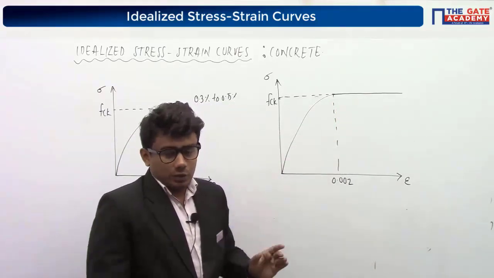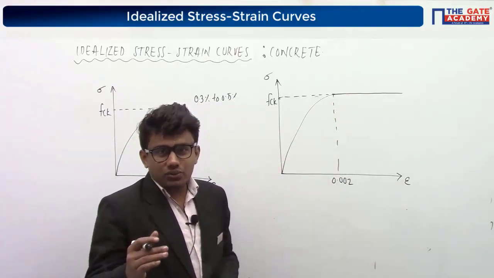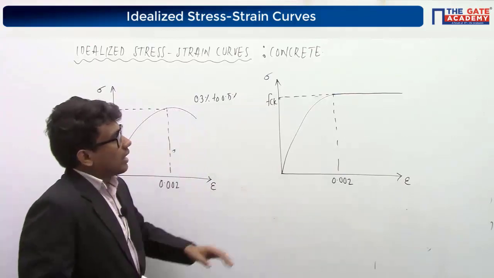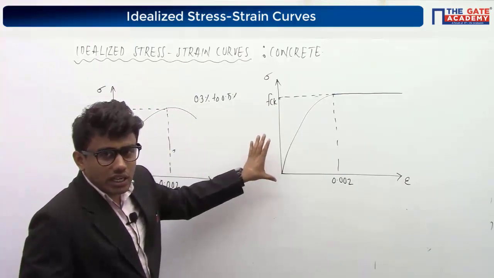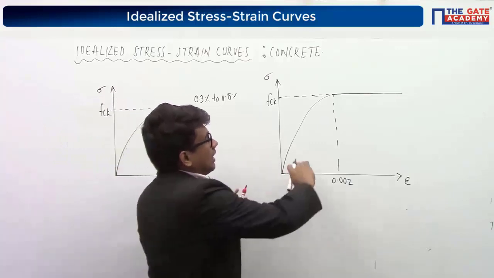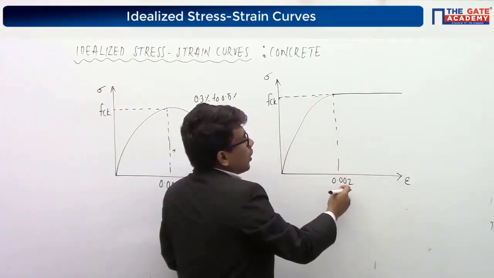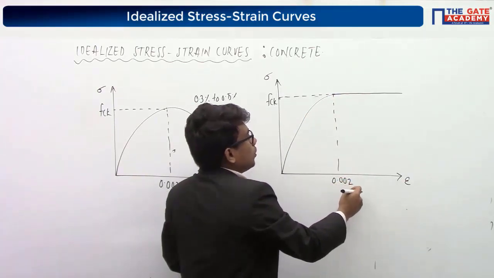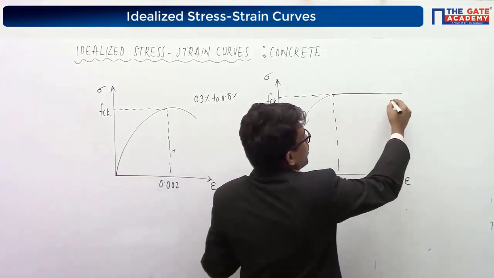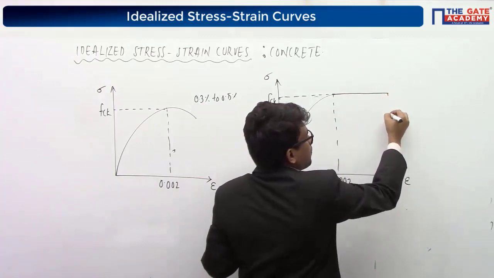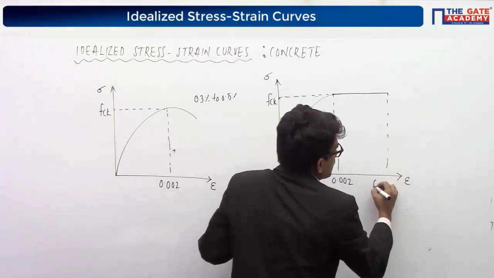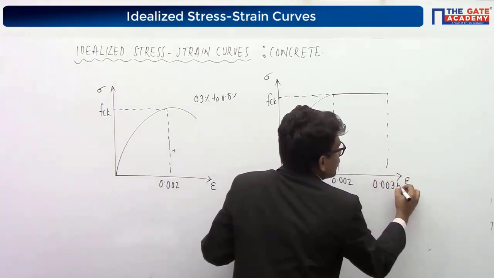Getting it? As per our assumption, or as per IS 456-2000, we are going to consider the stress-strain curve of the concrete like this. It will be a parabola till the strain value of 0.002. After that, it will be a uniform value till the strain value 0.0035.